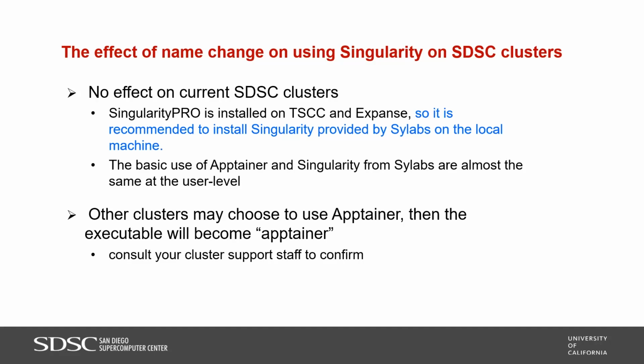Now you might need to use the command apptainer to build your image or to access your image on your local machine. And of course, other clusters may choose to use Apptainer. I'm not sure about other data center clusters, but you can consult your cluster support staff to confirm.